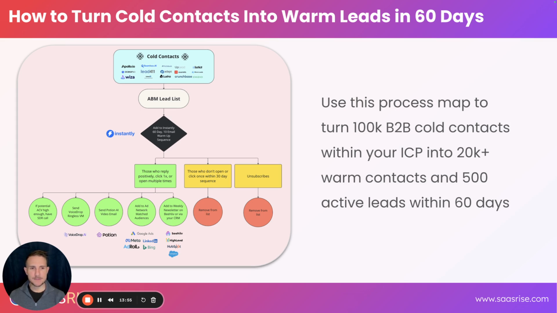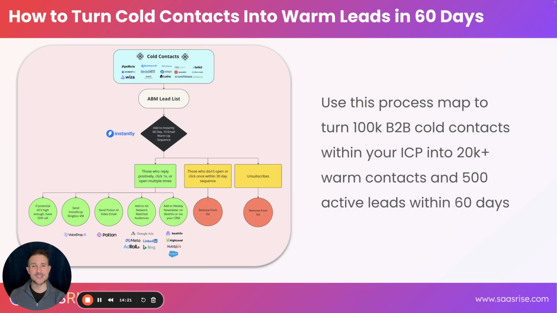So we use this exact process map. For what we've done at SaaSRise, we started with 450,000 B2B cold contacts, which are SaaS CEOs and founders globally with 10 to 500 employees. And we have turned that now into over 100,000 warm contacts and over 2,700 applications into SaaSRise. And we've done that in less than a year.